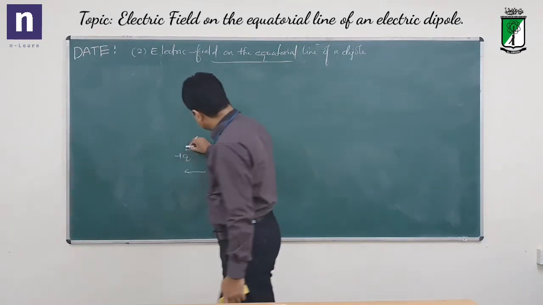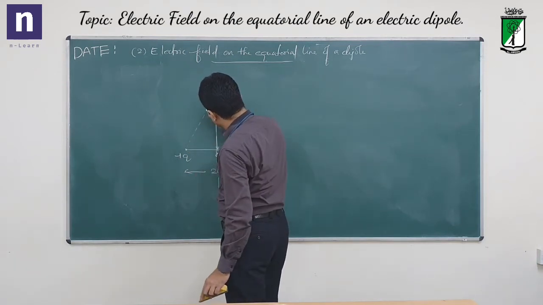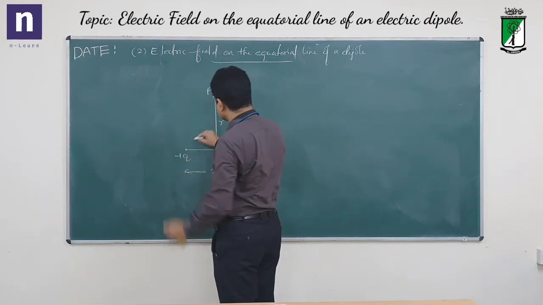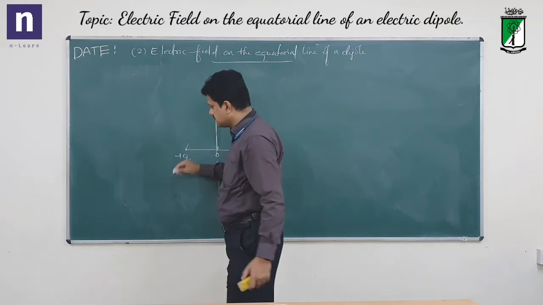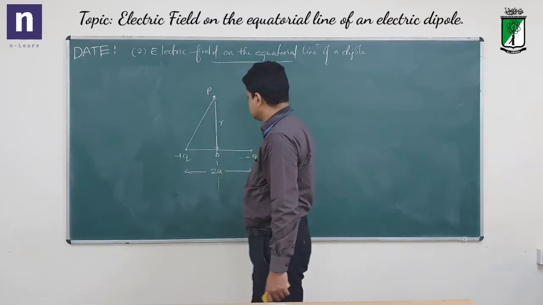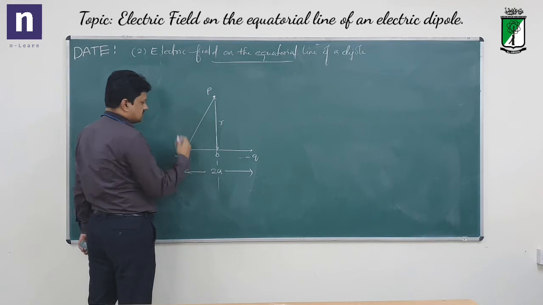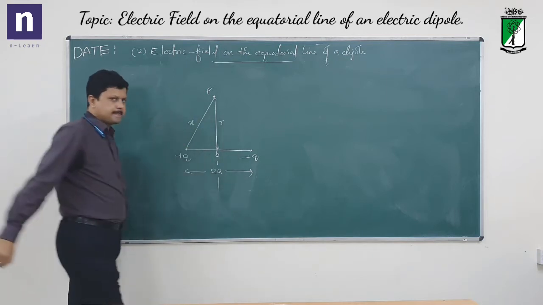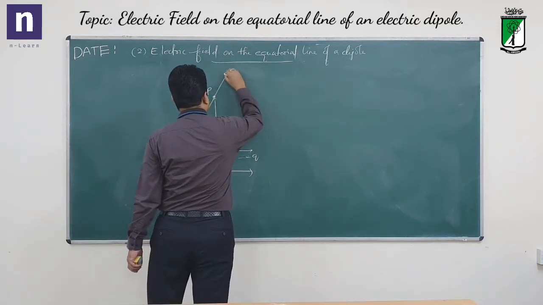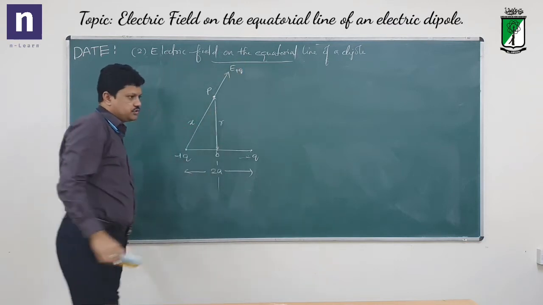Let me draw a line joining the charge to P. The distance is, say, x. Then at point P, the field is away from the positive charge. I will call it E plus Q.